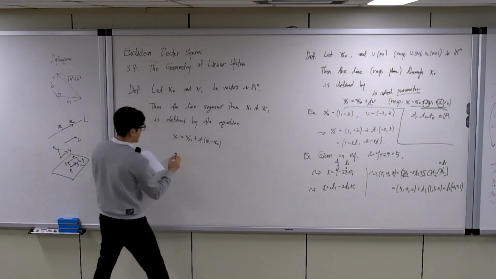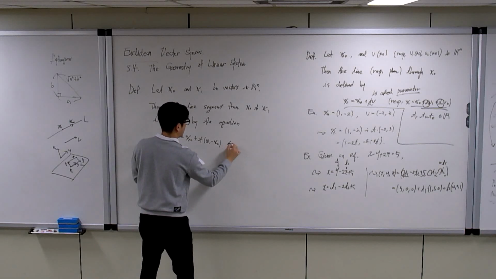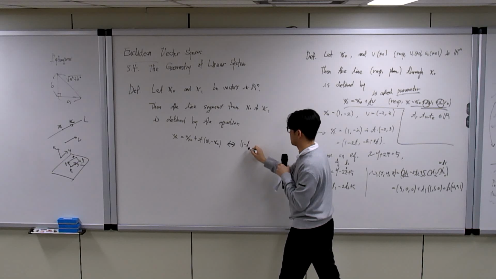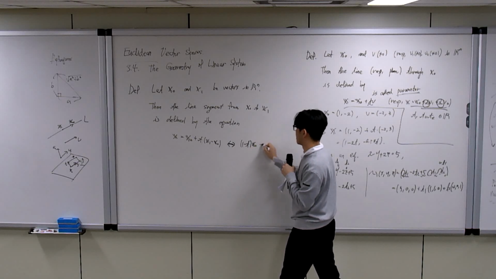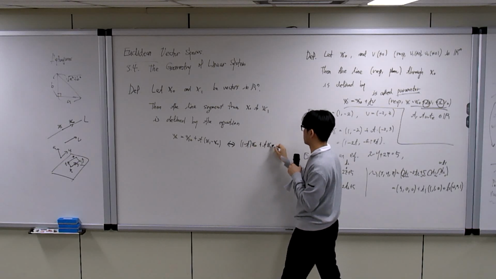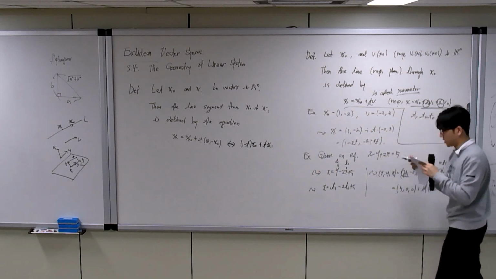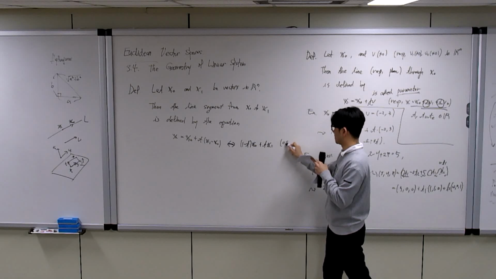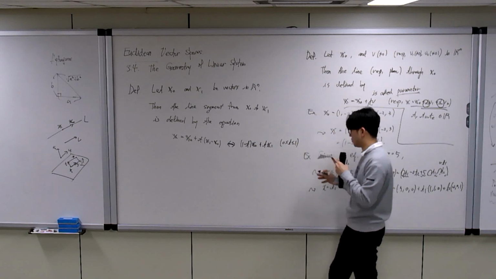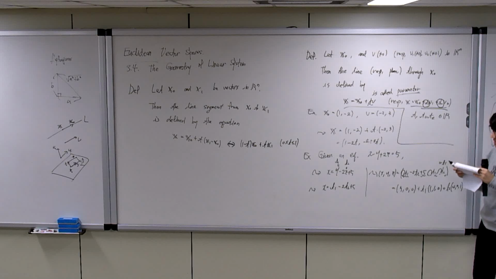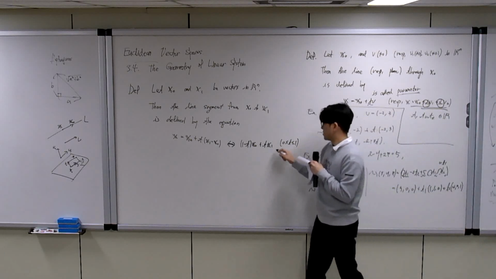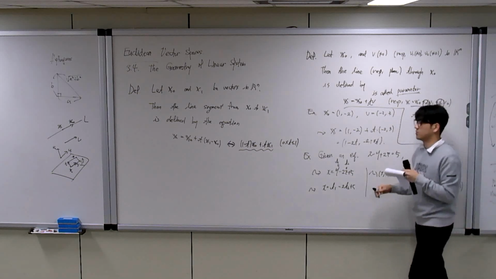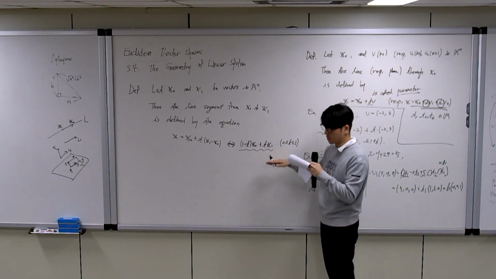Equivalently it is the same as (1 minus t)x0 plus t x1, for t from 0 to 1. It is quite a convenient notation, and so we often use this notation.